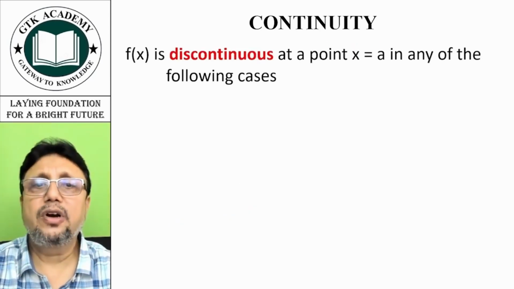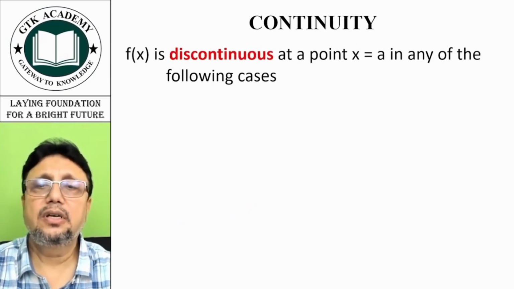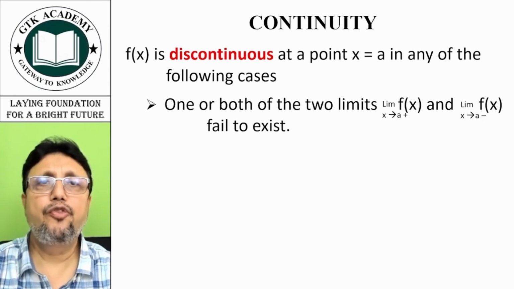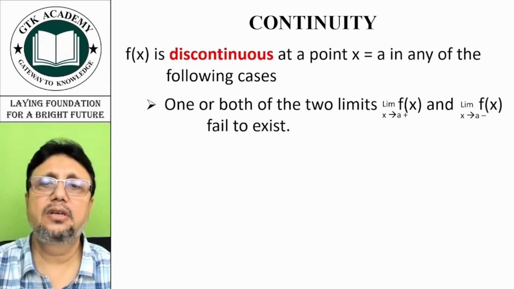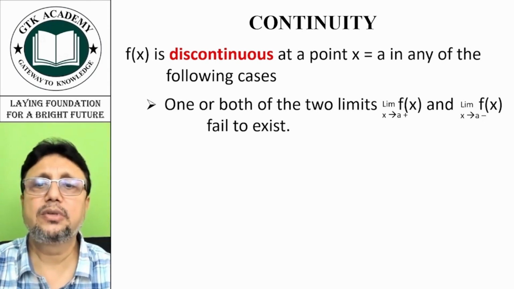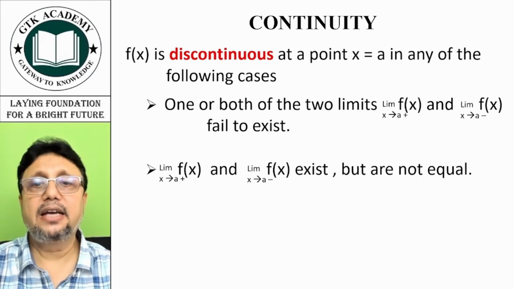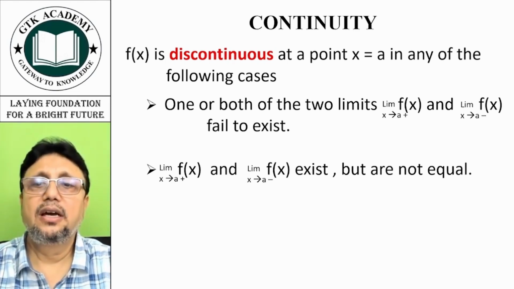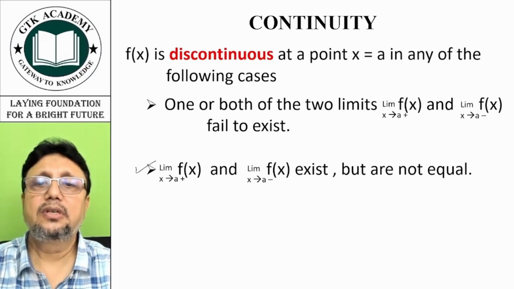What is the condition for a function to be discontinuous? Discontinuous if one or both of the two limits fail to exist. If they do not exist, it is discontinuous. If they exist but still they are not equal, then also the function is discontinuous.